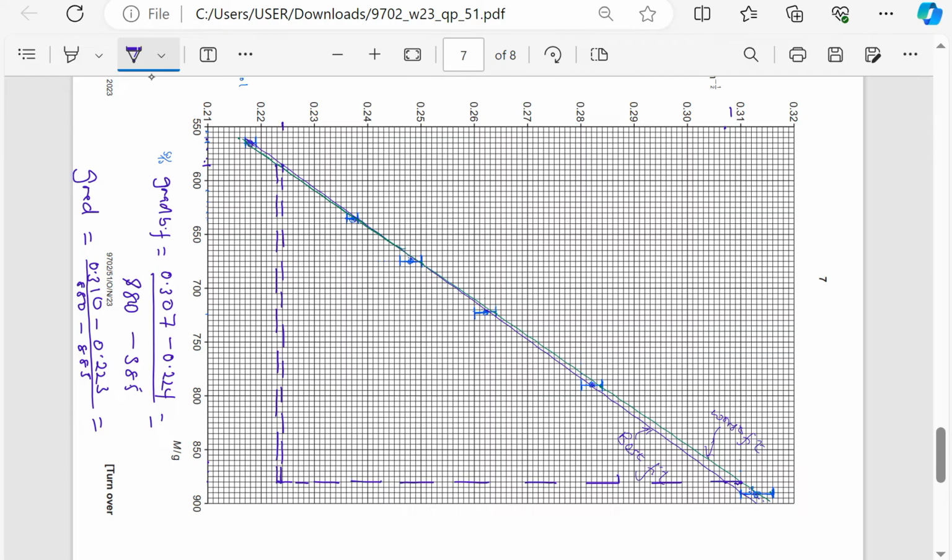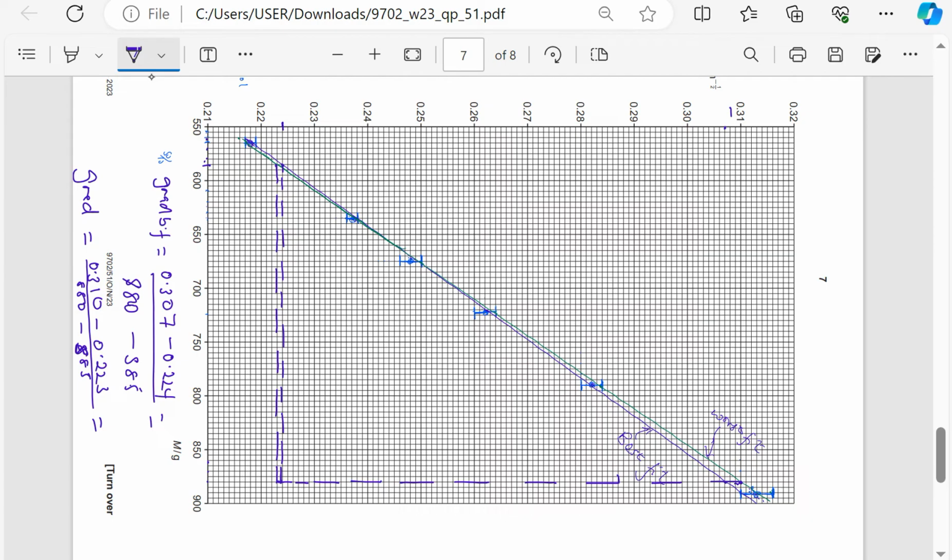So 0.307 minus 0.224 divided by 880 minus 585, 0.310 minus 0.223, 880 minus 585. Sorry, this is 585.